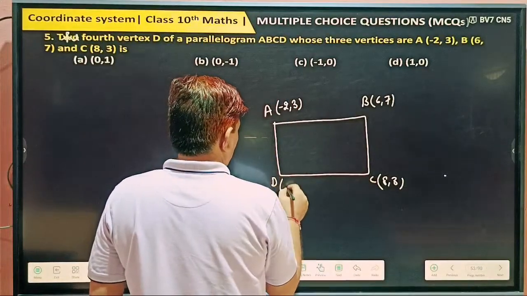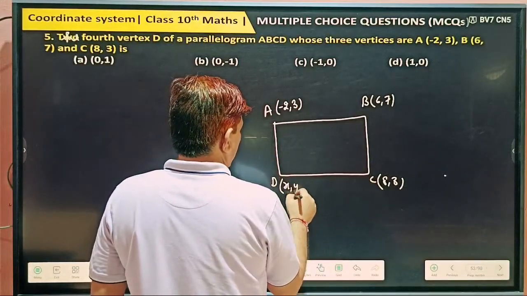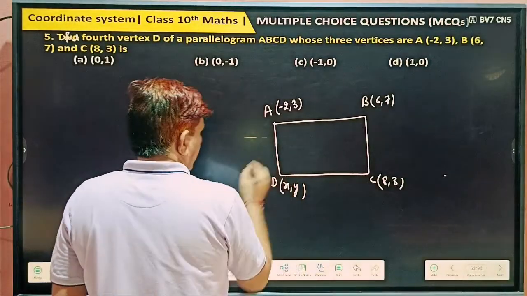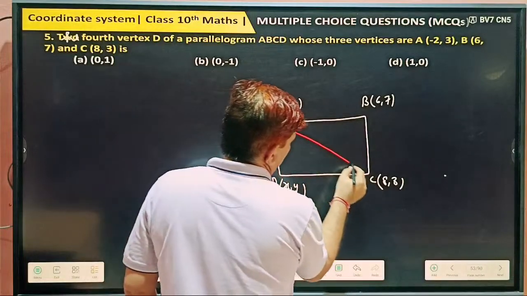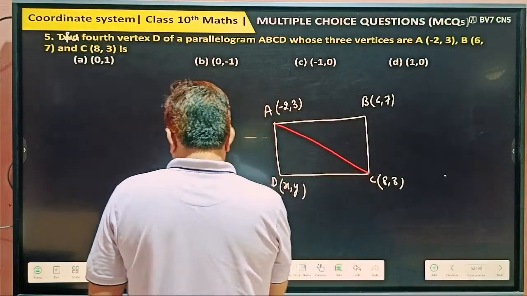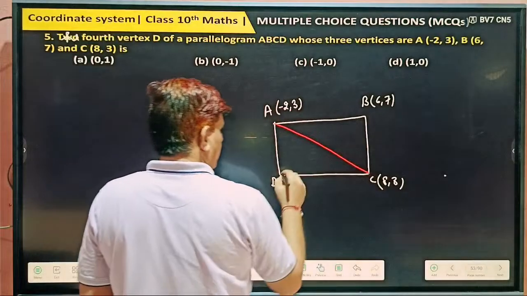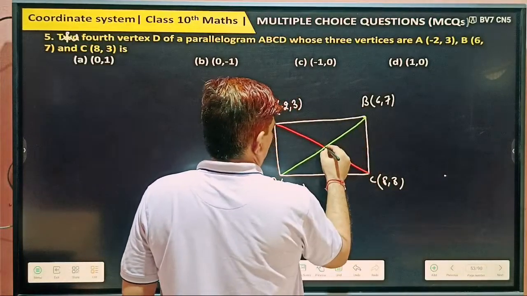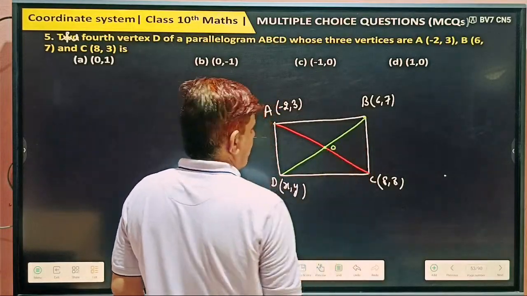D point vertex, which is x and y. So what can we do? We can join this and join this also. Both are cutting at this point. The name of this point is O.